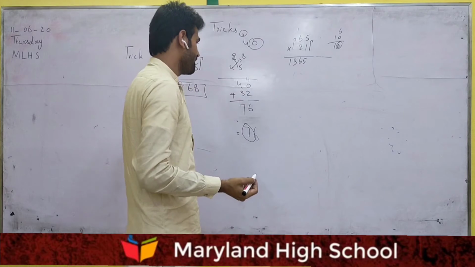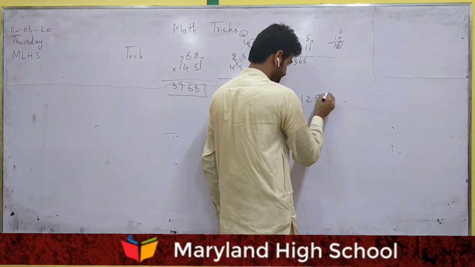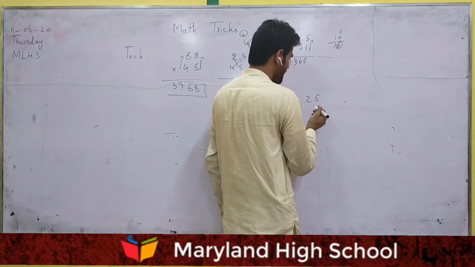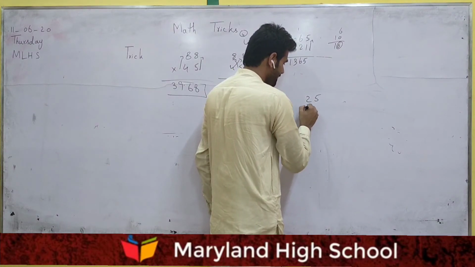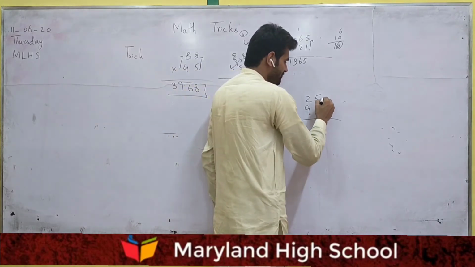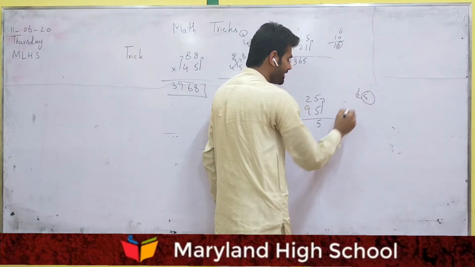Take another example. Choose any number randomly. I choose the numbers 25 and 95. First multiply these two digits: 5 fives are 25, and we write the 5 and take the carry 2.